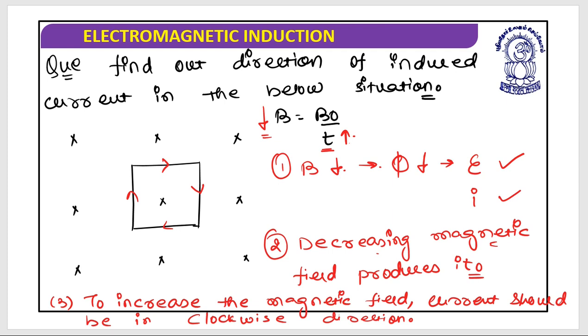So thus you are going to support this. I hope this is clear. So in this coil, this is the direction of induced current. This induced current will be in the clockwise direction. Is it clear? Do you understand this?